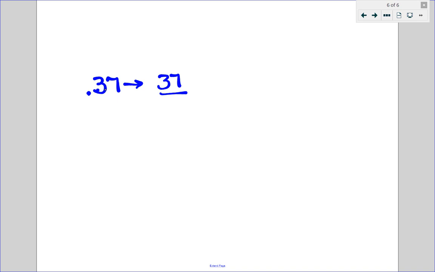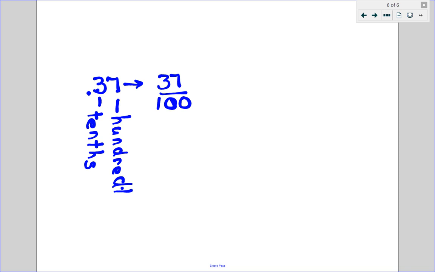It has 2 numbers there, so I have to have 2 zeros here, and then the 1 in front of it to say it's 37 hundredths. Because remember, this is the tenths, and then this is the hundredths. I've seen some of us get a little confused with this, so I kind of want to bring that out.